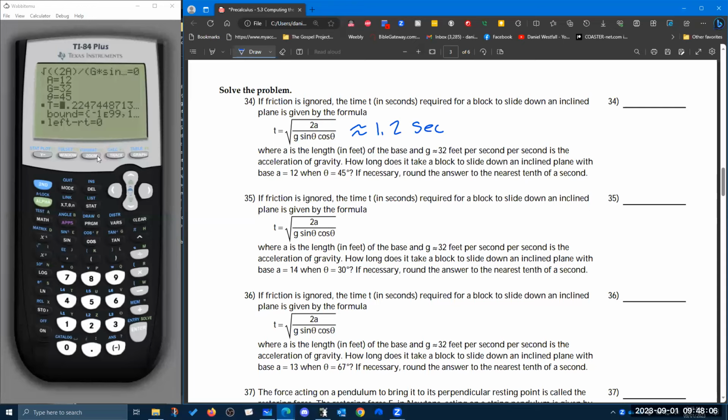So now we're going to change our values for the next problem. A is 14, G is still 32, theta is now 30 degrees, and I want to alpha solve. And I get a new value that T is about 1.4 seconds.